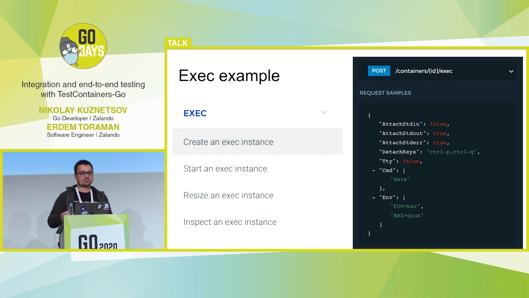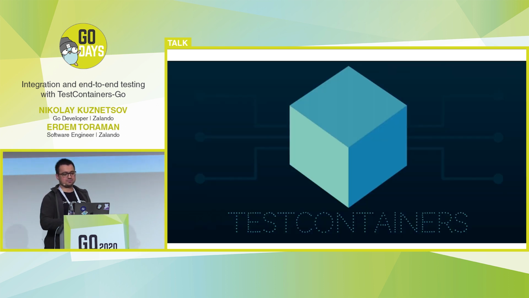Then the next step, you start the execution of the command, but it's async, so you don't get the result immediately. The next step is to inspect the result, and then you actually get the result, or maybe a flag that the result is not yet available. So when we type docker exec, it actually makes at least 3 REST calls to the Docker daemon.